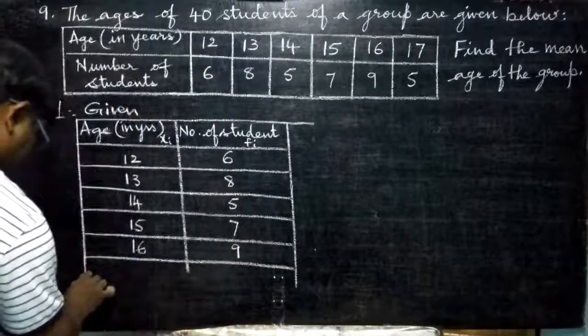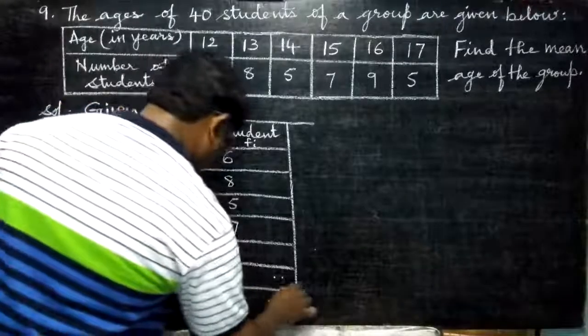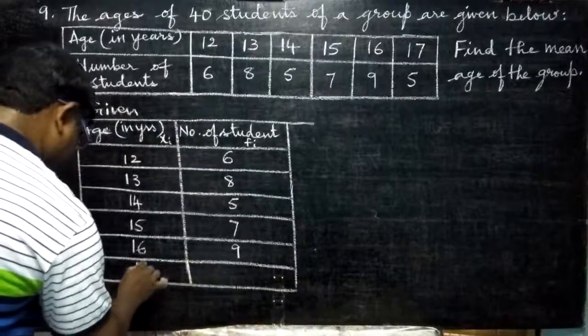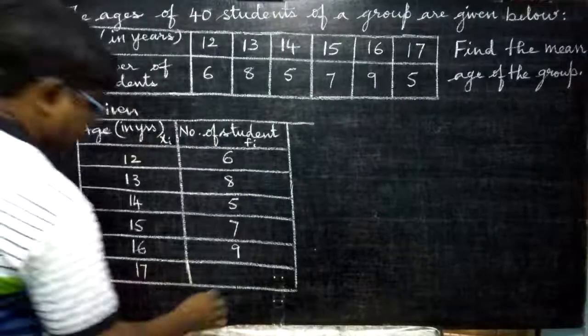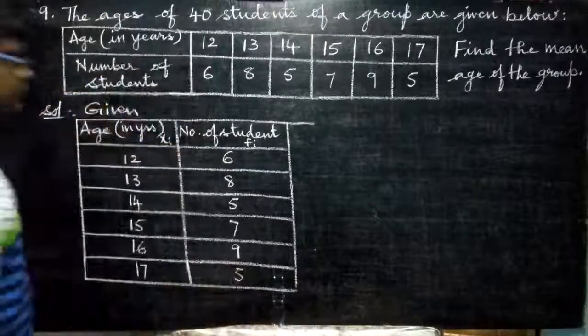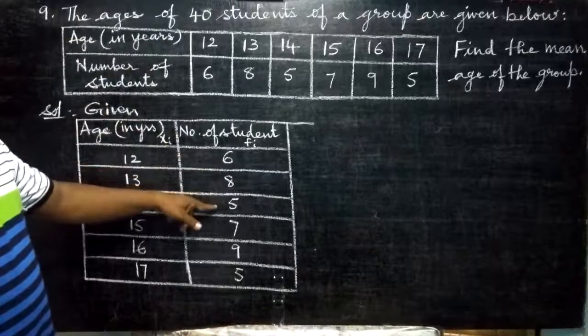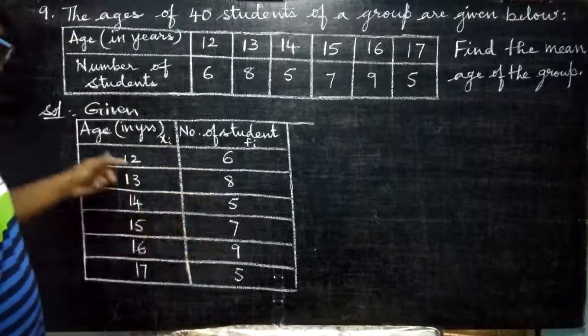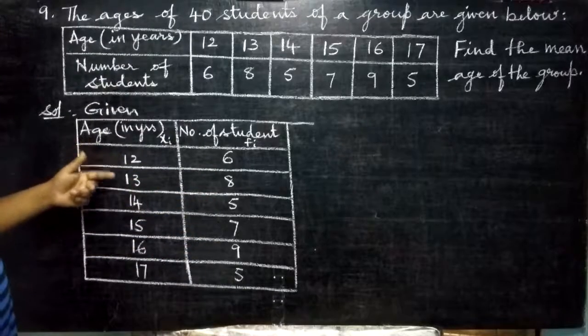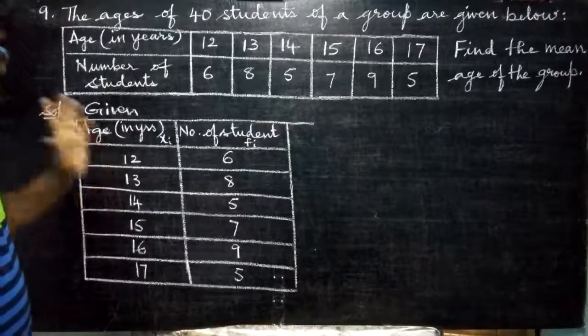And last, 17 years, how many are there? 5 are there. Check. 6, 8, 5, 7, 9, 5. 12, 13, 14, 15, 16, 17.